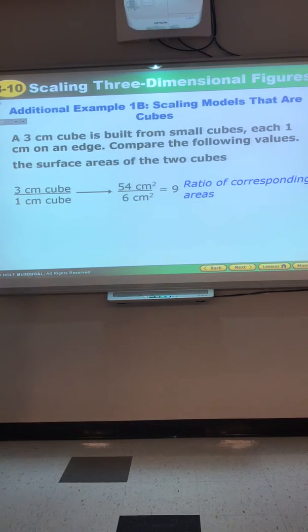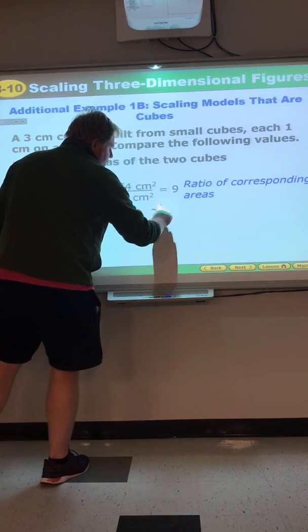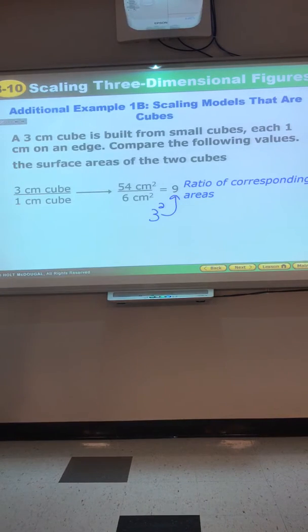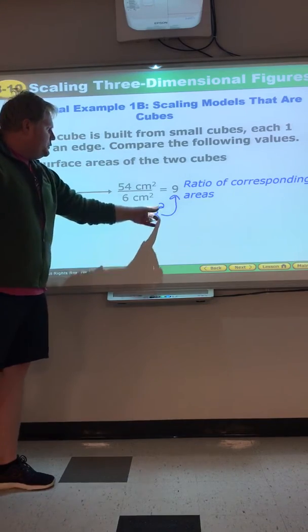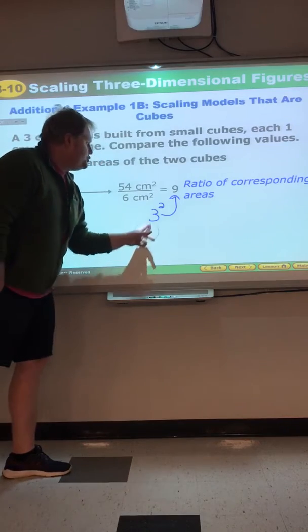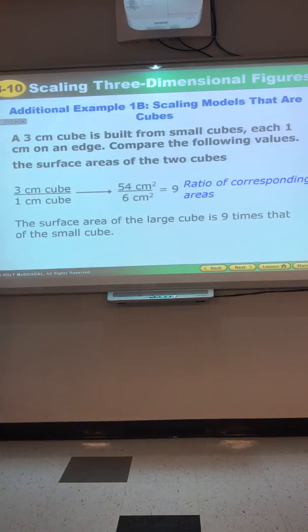Did you notice that 3 squared is 9? Remember how it said n squared? So if the ratio goes up by 3, you put 3 in for n and you square that, you get 9. The surface area will go up by 9. The surface area of the large cube is 9 times that of the smaller cube.